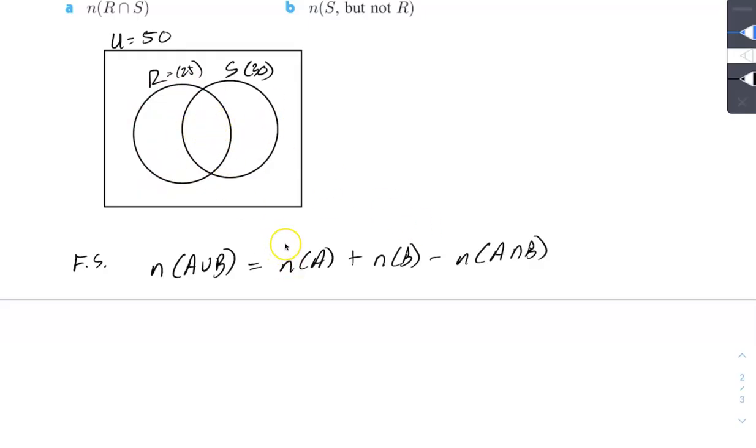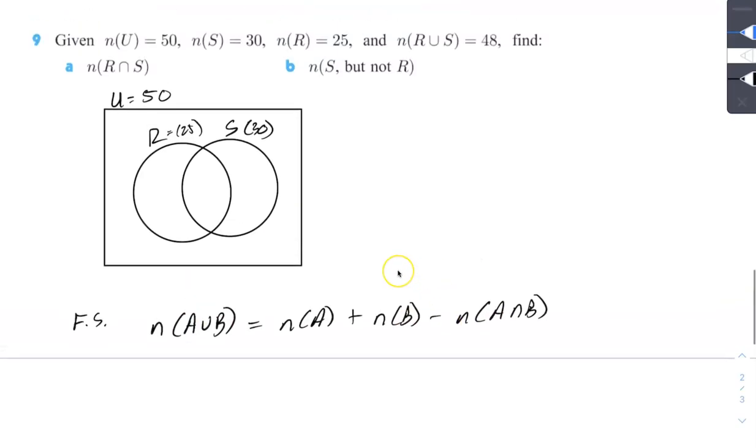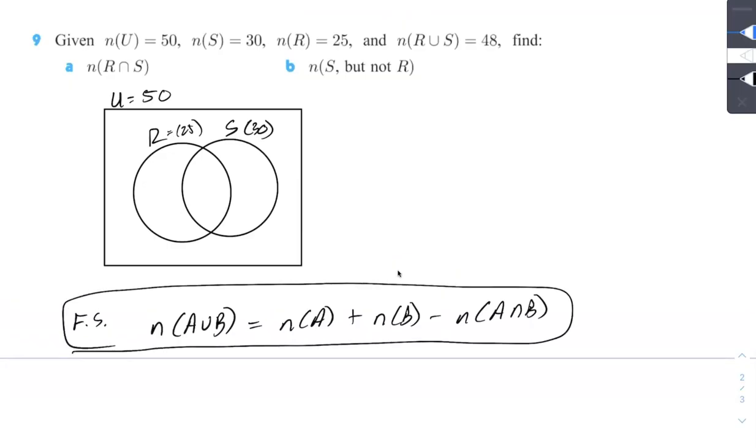The reason this works is when you add one circle and then you add the other circle, you're double counting the middle. So you have to subtract off one of the middle, and then you get an equation. It's in your formula sheet. We're going to use it a lot.